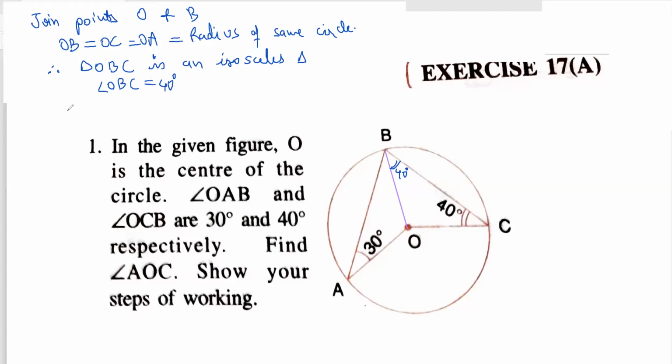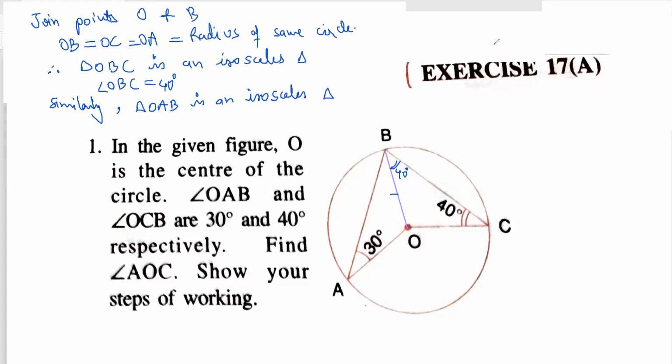Similarly, we can write in triangle OAB. See, triangle OAB is also an isosceles triangle, because in triangle OAB, OB is equal to OA.